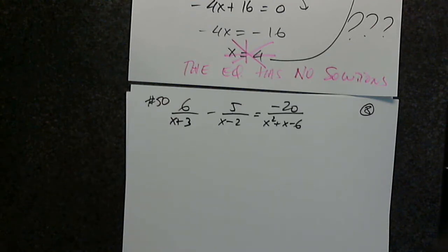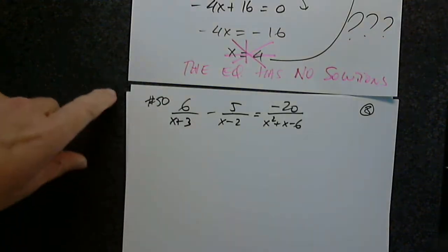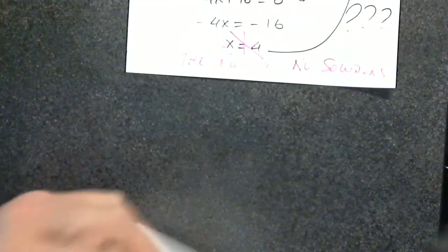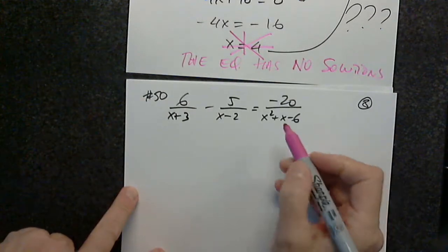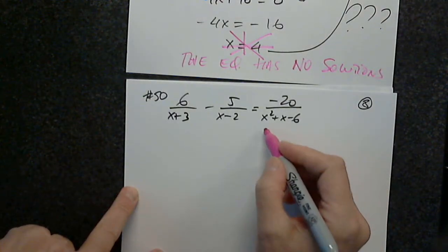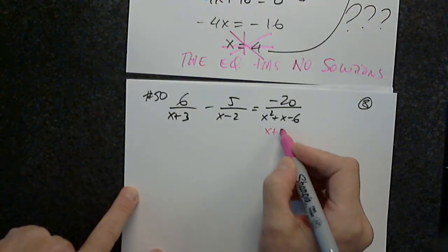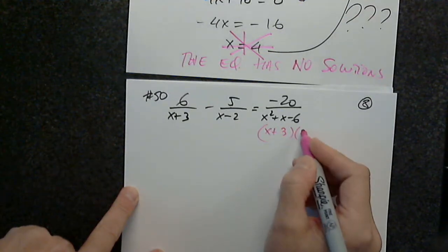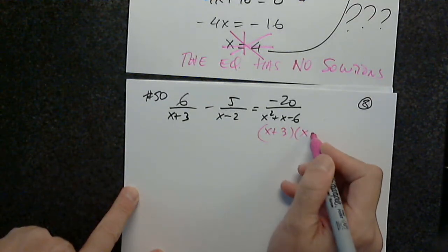Okay, can anyone walk us through this? Yes, please, Alex. You cannot write the restrictions before we completely factor all denominators. To get rid of that denominator, you have to do x plus 3, x minus 2.